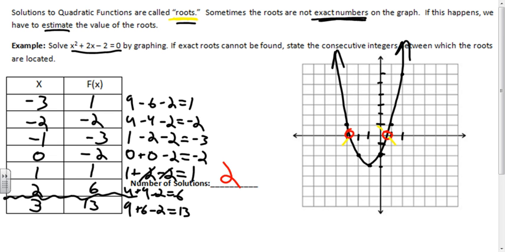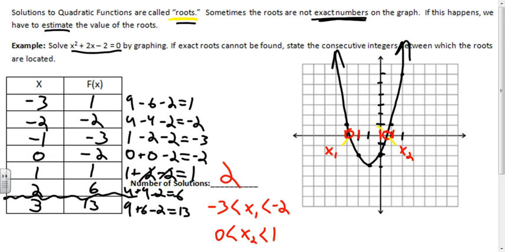In later lessons, we'll learn how to find exactly what these values are, but for now, if we called this our first solution, our x sub 1, we would say that negative 3 is less than x sub 1 is less than negative 2, because it's somewhere in between negative 3 and negative 2. If this one was our x sub 2, 0 is less than x sub 2 is less than 1, because it's somewhere in between 0 and 1.